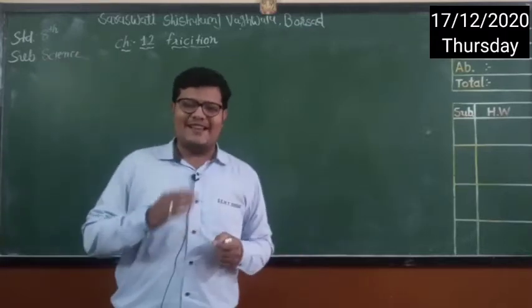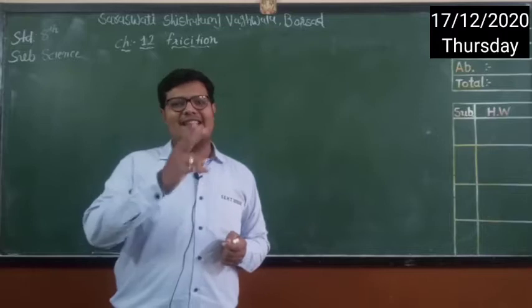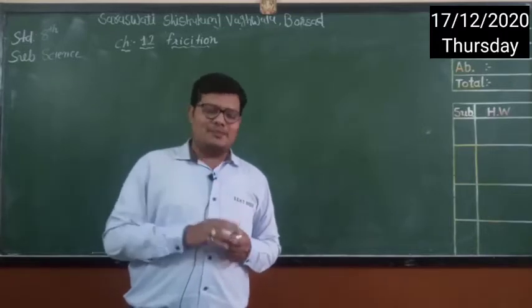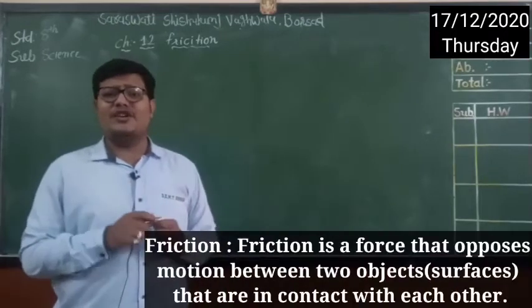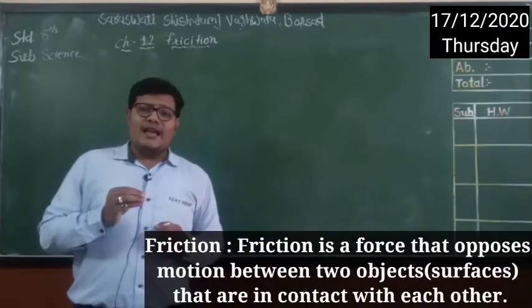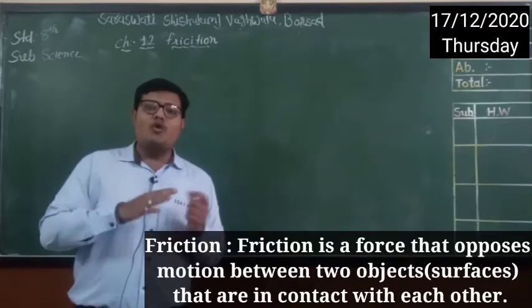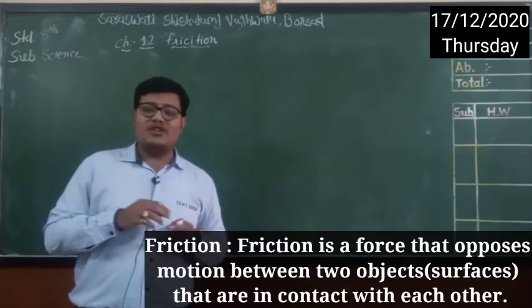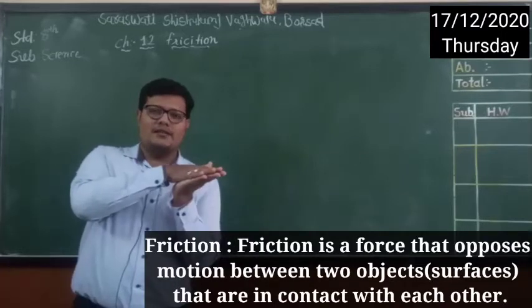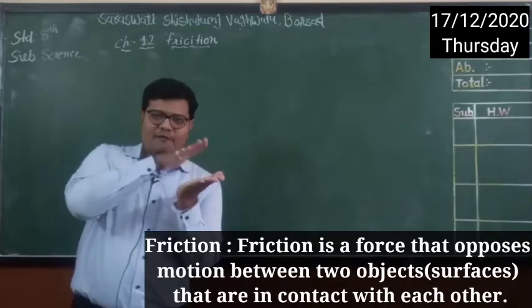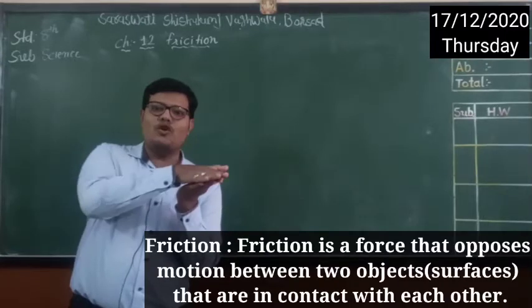Don't get surprised. Now today we will start the second part. I hope that in the first part you have seen the basic information about friction, right? Maybe you have seen the definition, that friction is a force that opposes motion between two surfaces. Motion between two surfaces means, consider that this is one surface and there is the other one. There is motion if one surface is sliding over the other.